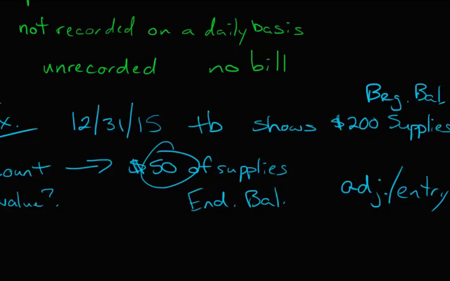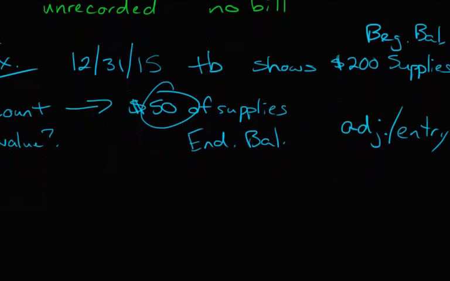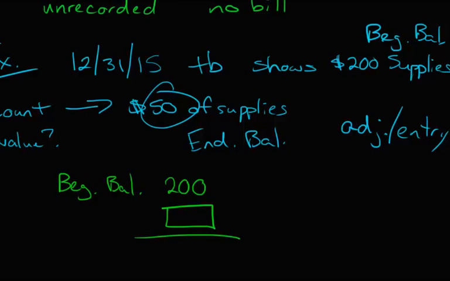So we had a beginning balance of 200, then something happened, and we ended up with an ending balance of 50. So what happened? What is this X here?